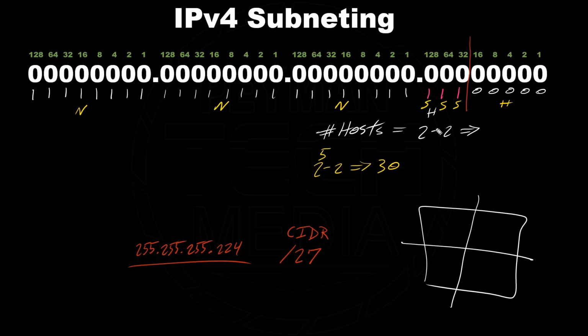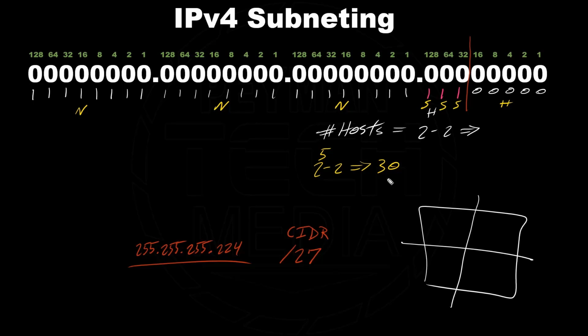And applying the same formula, we found that we will have 30 available computers per subnet. You see, now we are saying per subnet. So originally, with the default subnet mask for class C, we have 254 available IP addresses per class C network. But now, with this CIDR notation, this subnet mask, we have 30 available IP addresses per subnet.